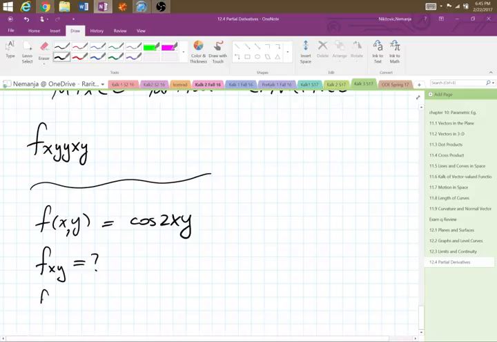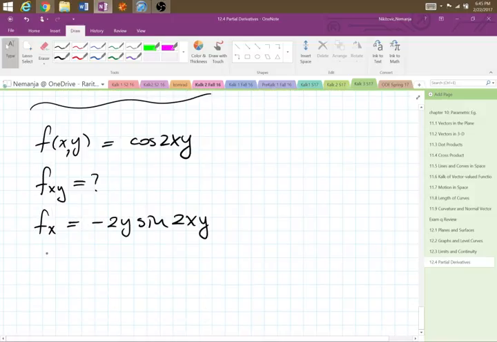So we first find fx because that's the first one in the string. What's the derivative of cosine? Very good. So this should be negative 2y sine 2xy. Are we all green on this? Beautiful. And now we will take the derivative of that result with respect to y.